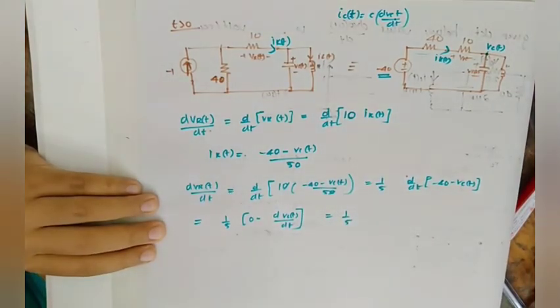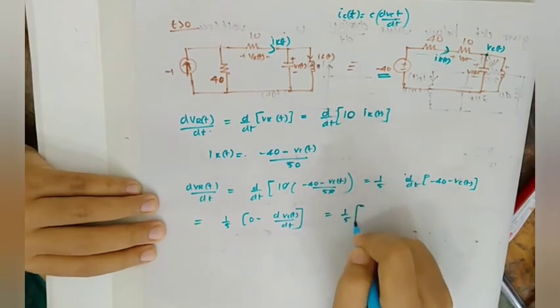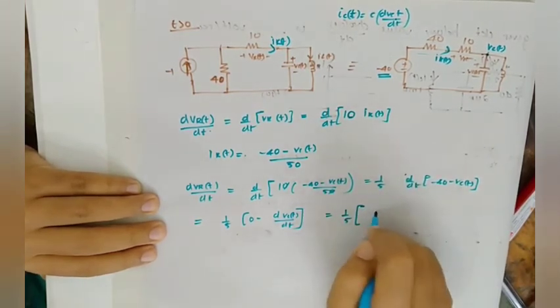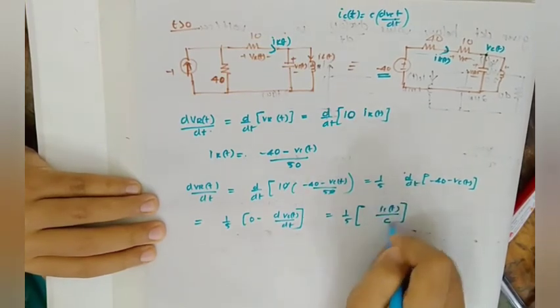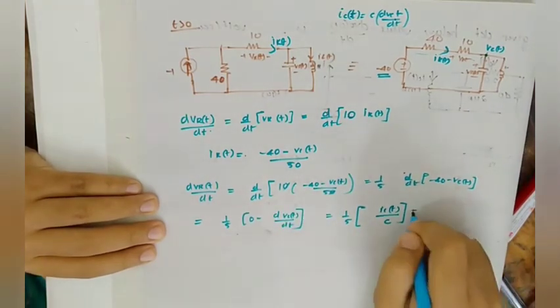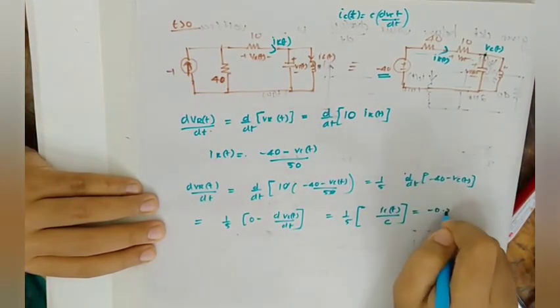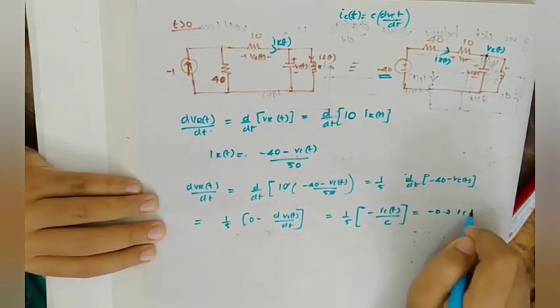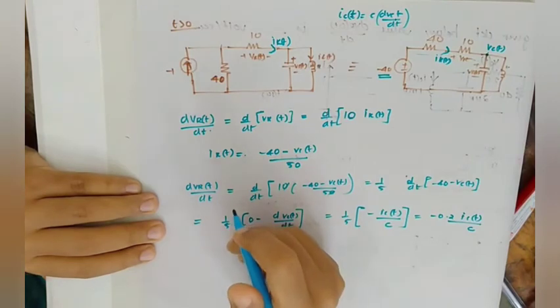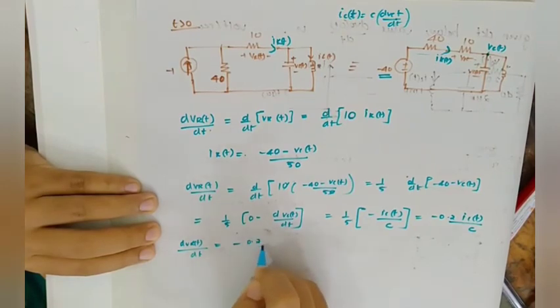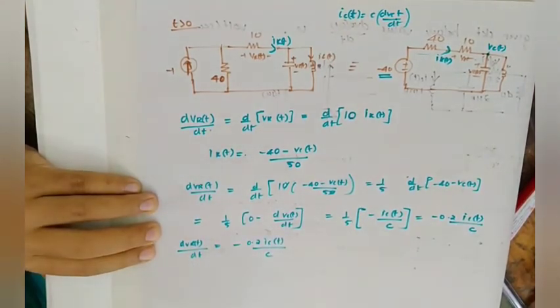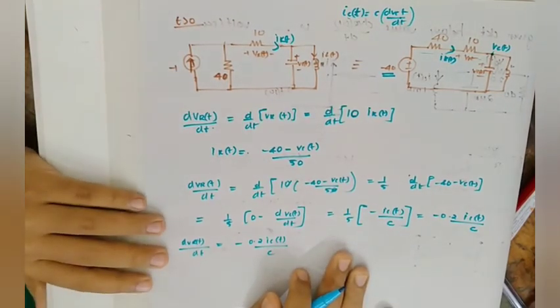So I can write 1 by 5 into dVc of t. Instead of dVc of t I can write IC of t divided by C. So 1 by 5 is 0.2, that is equal to minus 0.2 IC of t divided by C. So dVR of t divided by dt is equal to minus 0.2 IC of t divided by C. Okay, now the question is, what is IC of t?